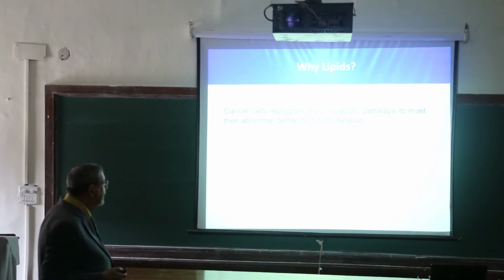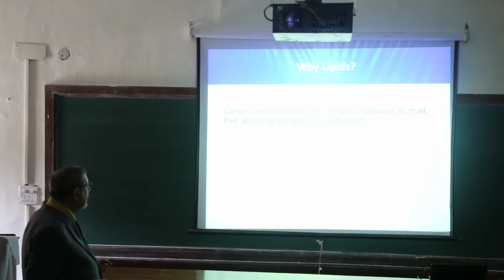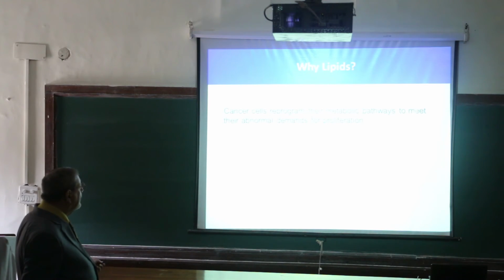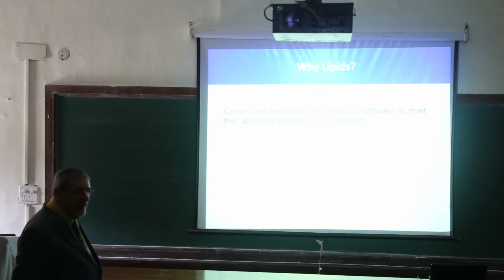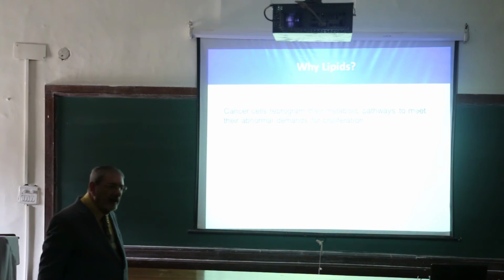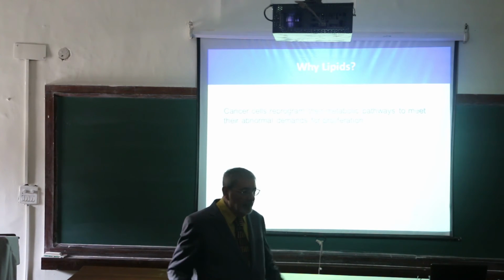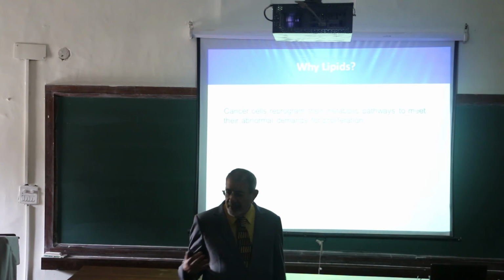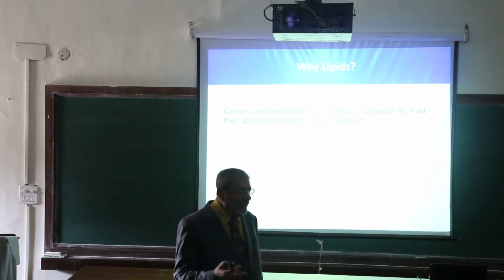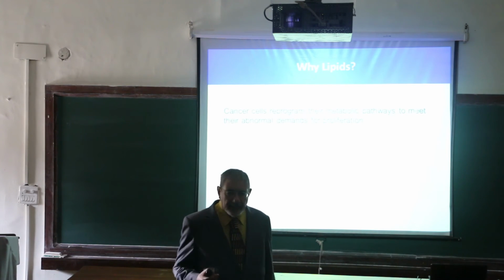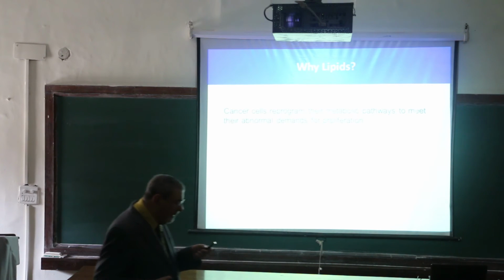Fine. Cancer cells reprogram their metabolic pathways to make lipids. Why? Because they use these lipids to build cell walls and to proliferate. So cancers hijack the machinery and make lots more lipids.